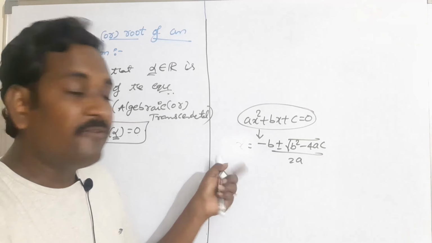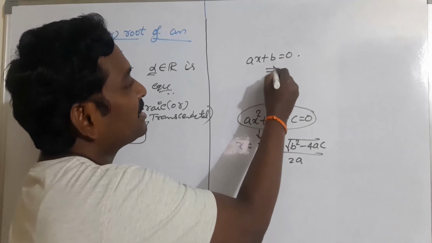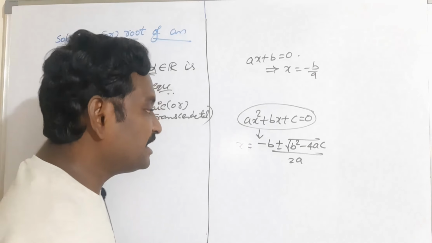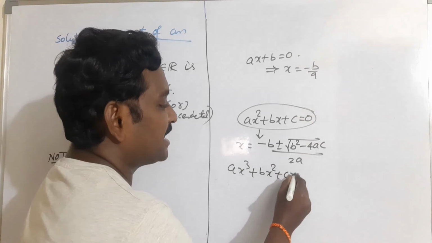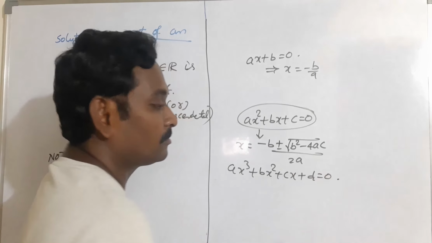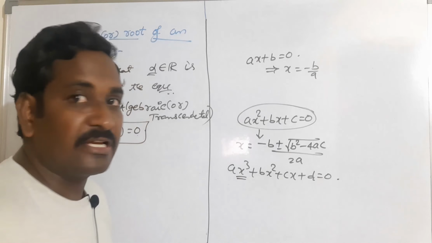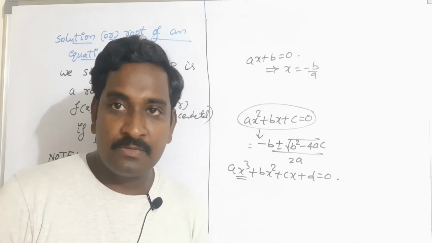If it is a first degree equation, then you will get the solution directly: x is equal to minus b by a. If it is a cubic equation, ax cube plus bx square plus cx plus d is equal to 0, then how can we find the three roots? By using Cardan's method, otherwise the synthetic division method.